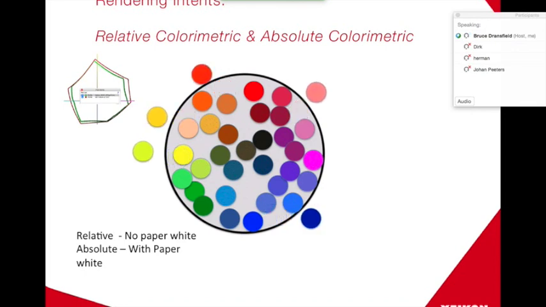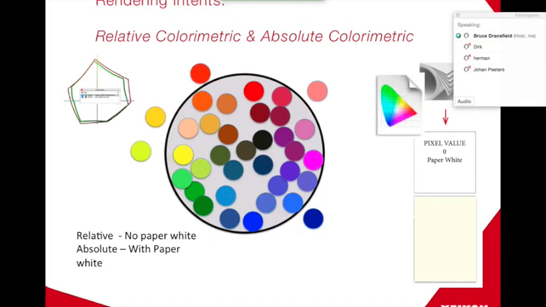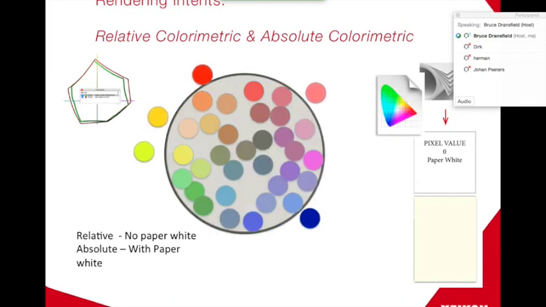Now, absolute colorimetrics, when we make our input profiles, or we take our industry standards, inside of those we have the paper white, and I've exaggerated it there with a yellow. And if we apply absolute colorimetrics, again it's exaggerated on screen, that paper white is applied to the output profile.